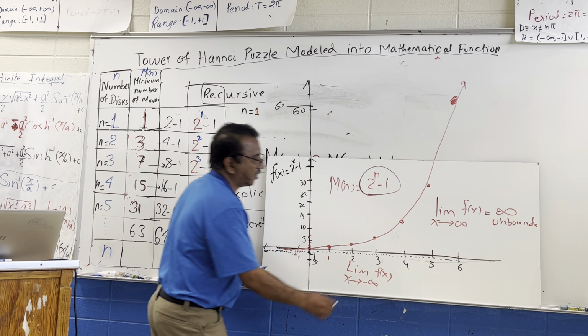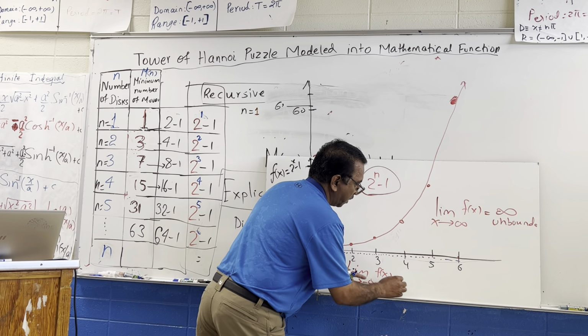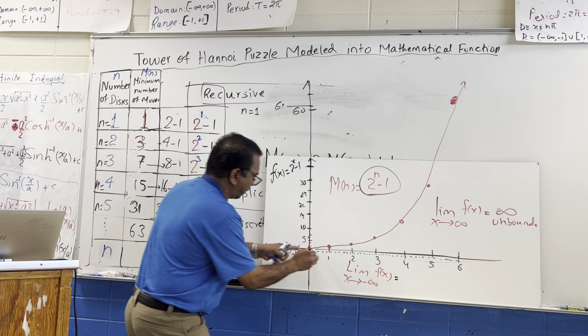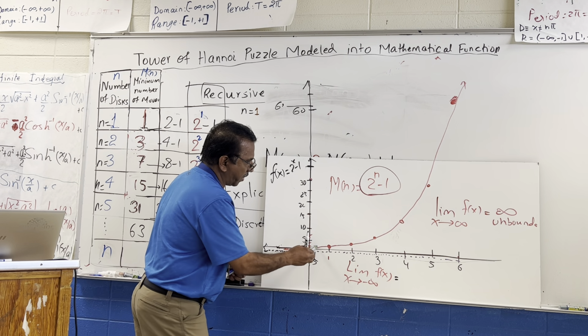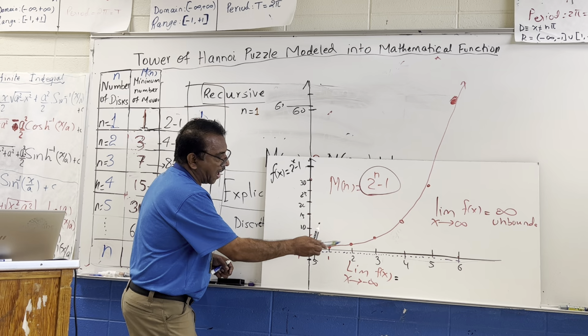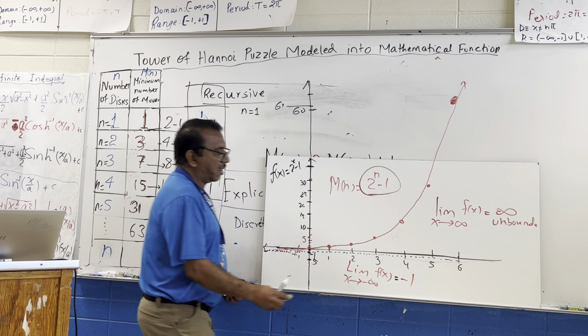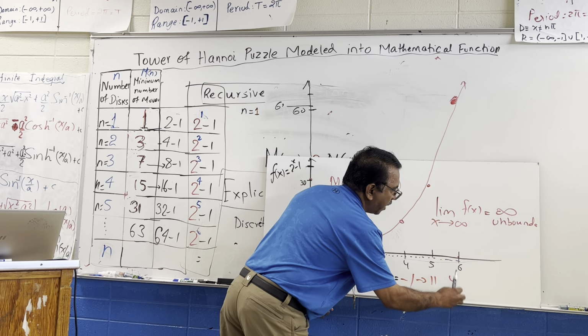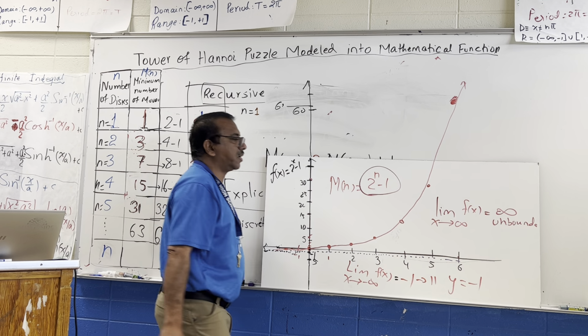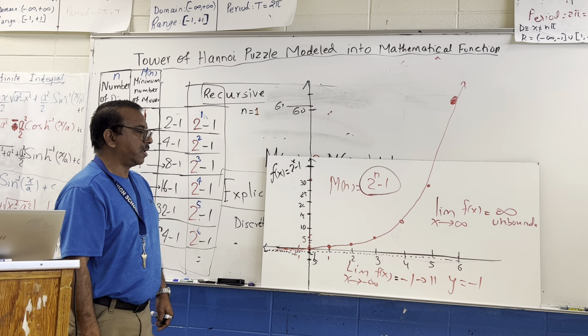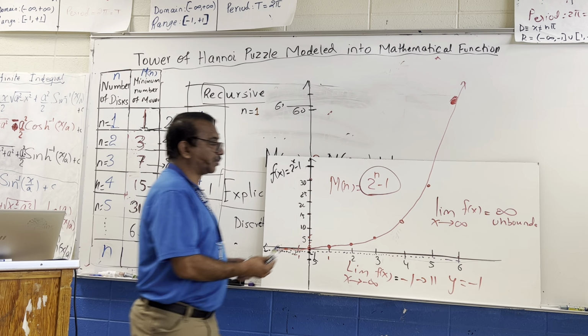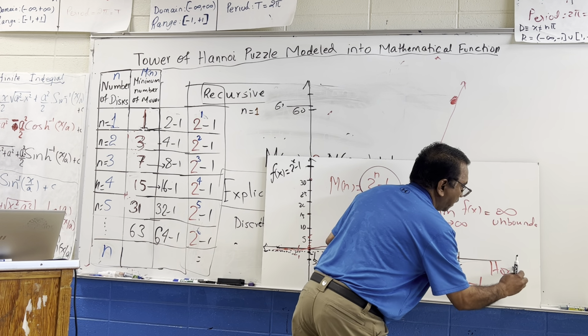What I've drawn shows that this graph approaches the dotted line y equals minus 1. So y equals minus 1 is the horizontal asymptote.